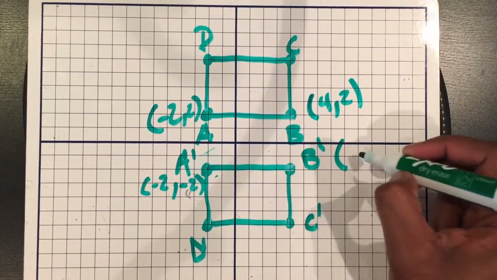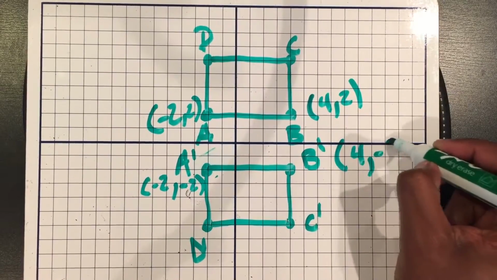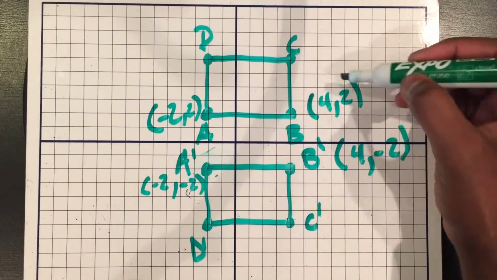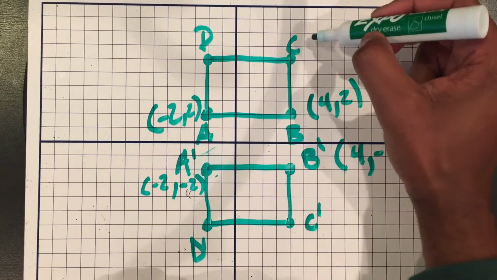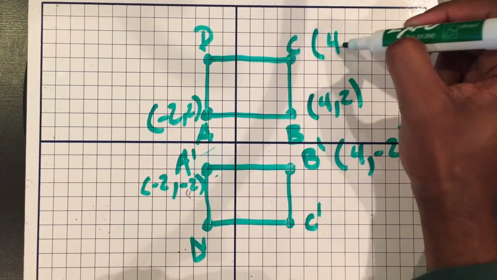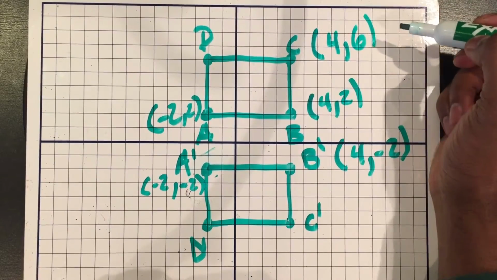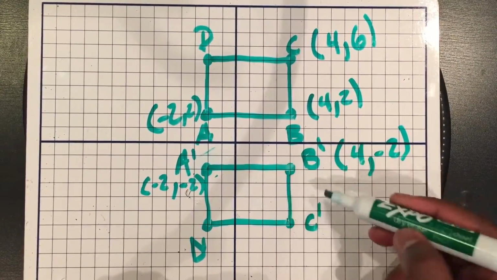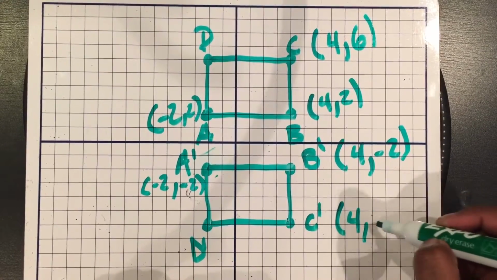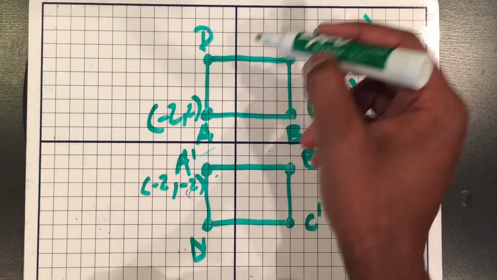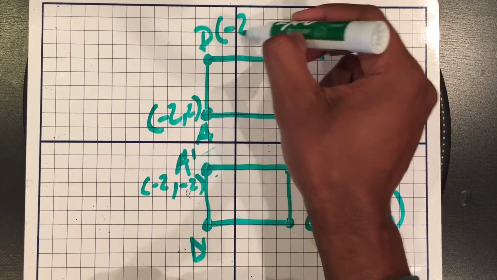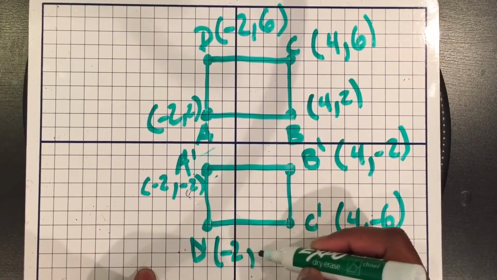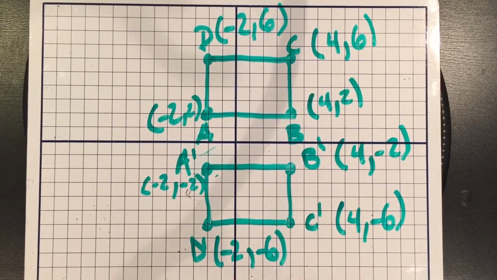For B prime, it is 4, -2. For C, C is over 4, up 6, I believe. It was 4, 6. For C prime, it is 4, -6. And for D, it is -2, +6. And for D prime, -2, -6.